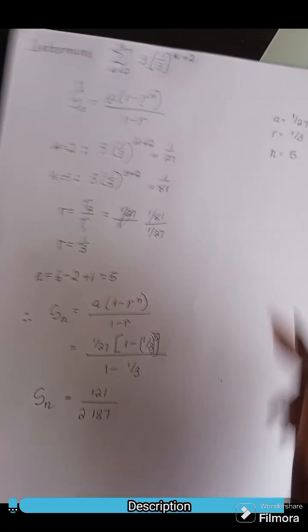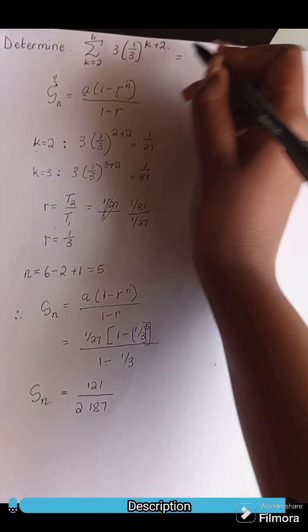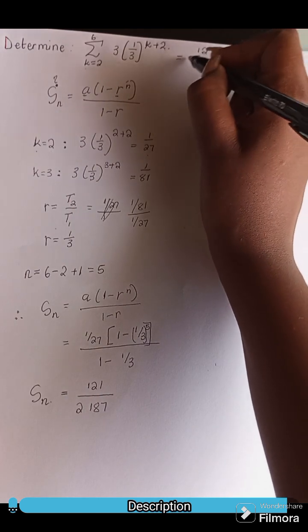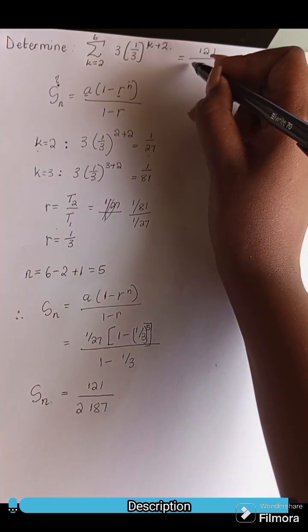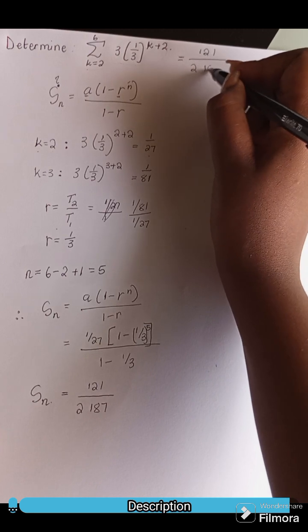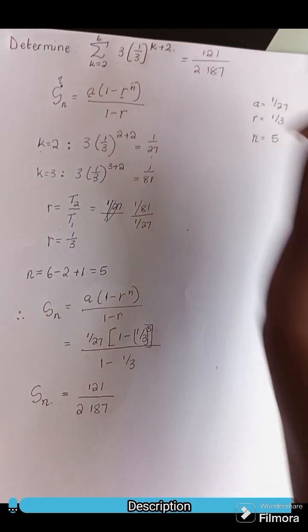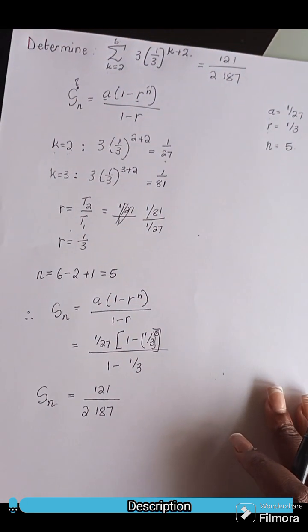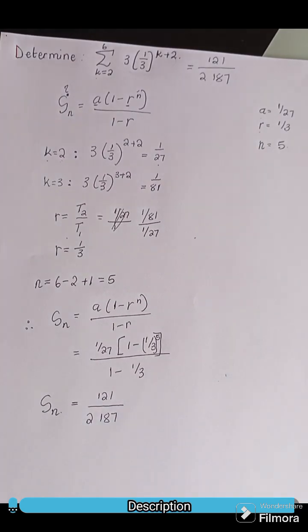Therefore, the sum of this over here is 121 over 2187. And just like that, you have evaluated your sigma, you have determined the sum of this.